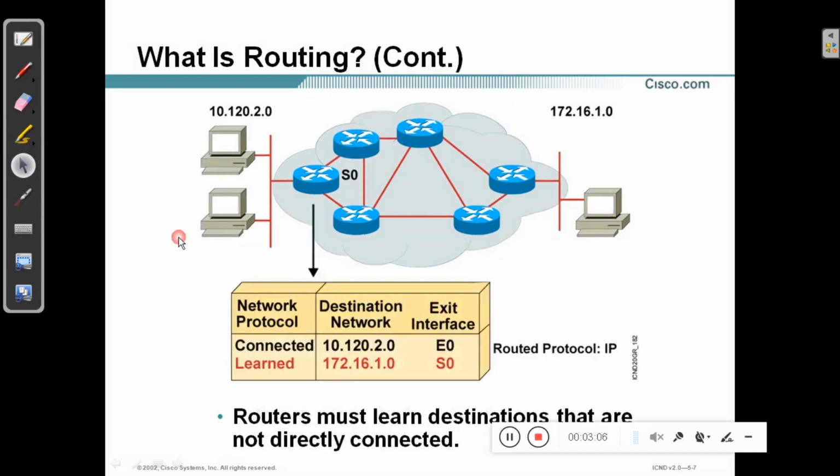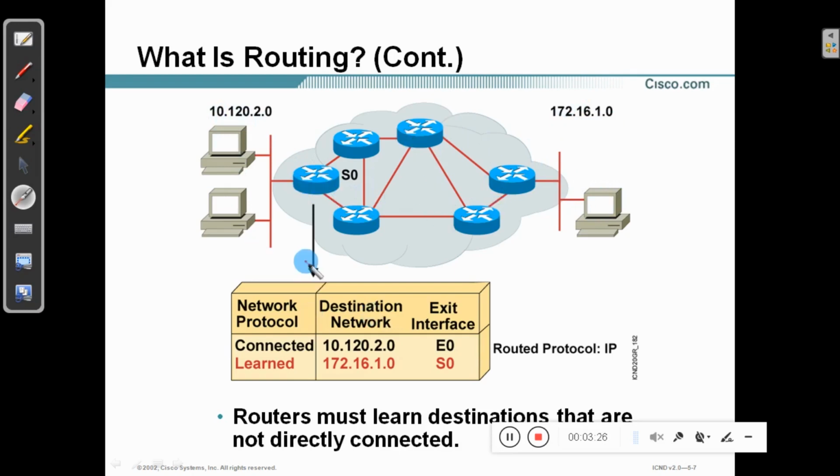Now, here you can see, for example, we will consider this router S0. This router is directly connected with the 10.120.2.0 network, but it has learned about the 172.16.1.0 network via other routers' updates.